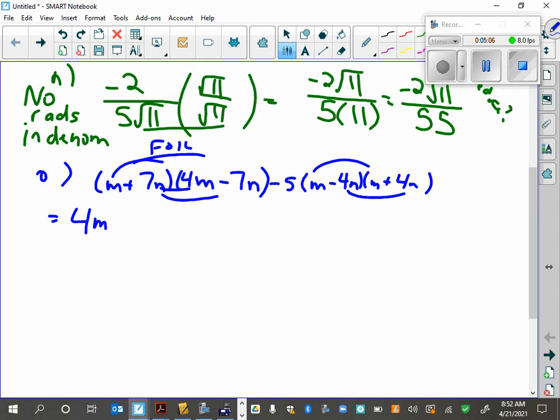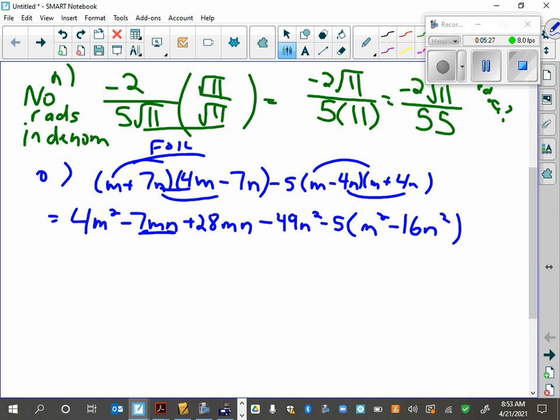So you get 4m squared, and be careful, I'm always going to put the m's and the n's in alphabetical order. So even though this is 28nm, I'm going to put 28mn so I can collect them. And then this is subtract 49n squared, subtract 5, and when I FOIL that, that's what I get. Now I'm going to distribute that. I might as well collect these right now, and then I'm going to have to collect again.